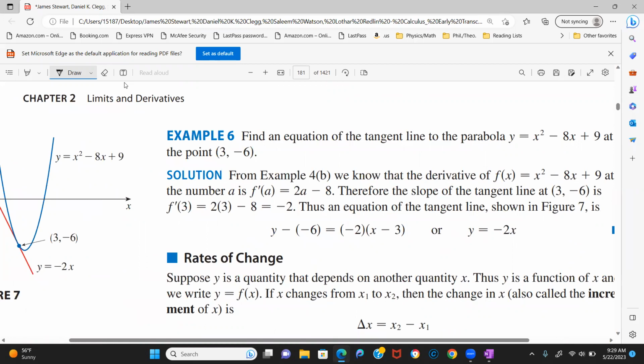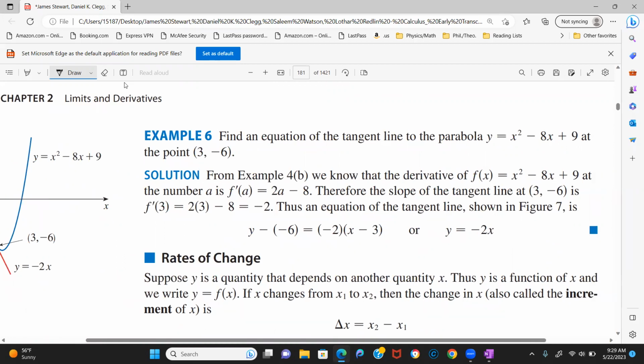We looked at this function already, this curve. We didn't go through this calculation, so you should go through it on your own, read through it. Not that hard. This is from example 4B. We just went over 4A.